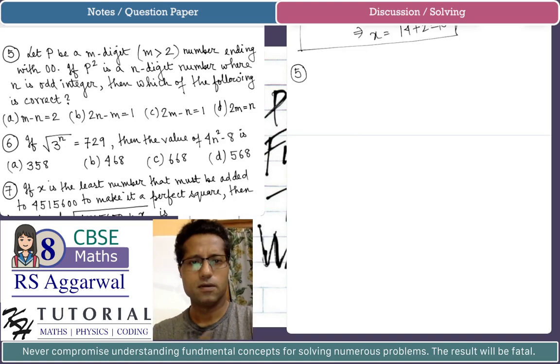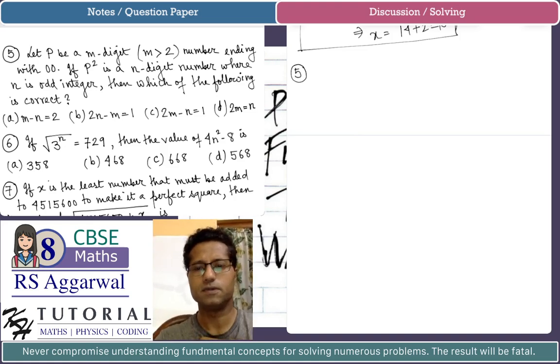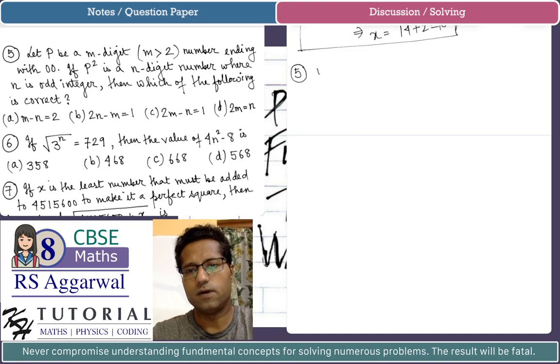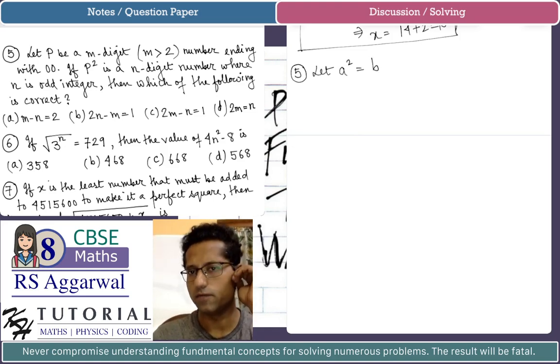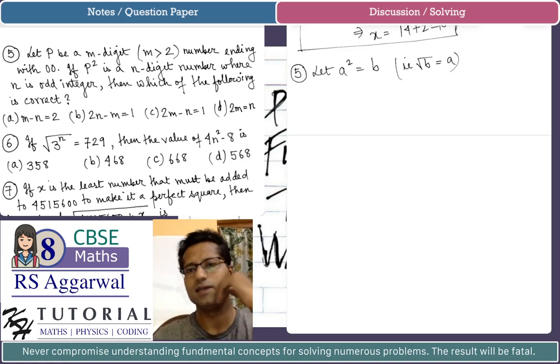Now this seems to be a problem related to the concept that if a square is equal to b, that is, square root of b is a, and let's say a and b are natural numbers, so b is a perfect square and it is a square of a. Now let a square equal b, and let b, the perfect square, have n digits.